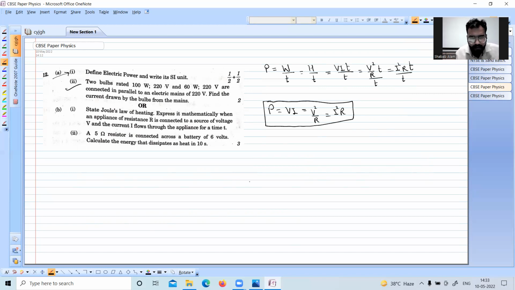Suppose we have an electric mains, and this electric mains is of 220 volt. Now this is connected with a bulb of some rating which is given to us.